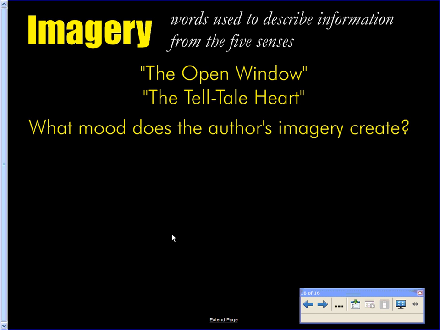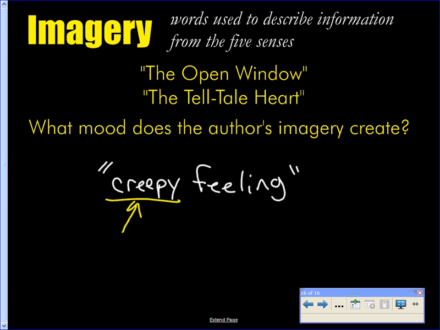However, here's what I'll say about creepy feeling. That's not concrete. Creepy is not something you touch or can hear. It's an emotional state, which means it's an abstract notion, and so is the word feeling.